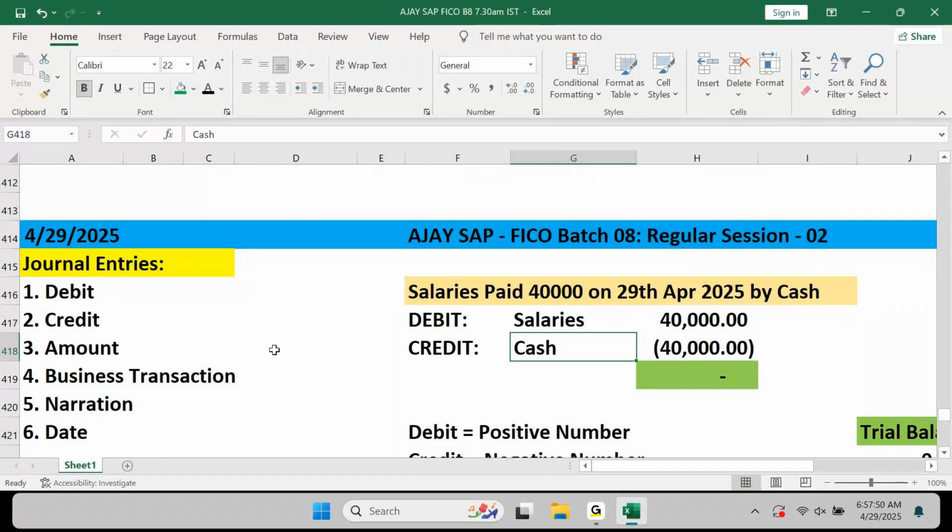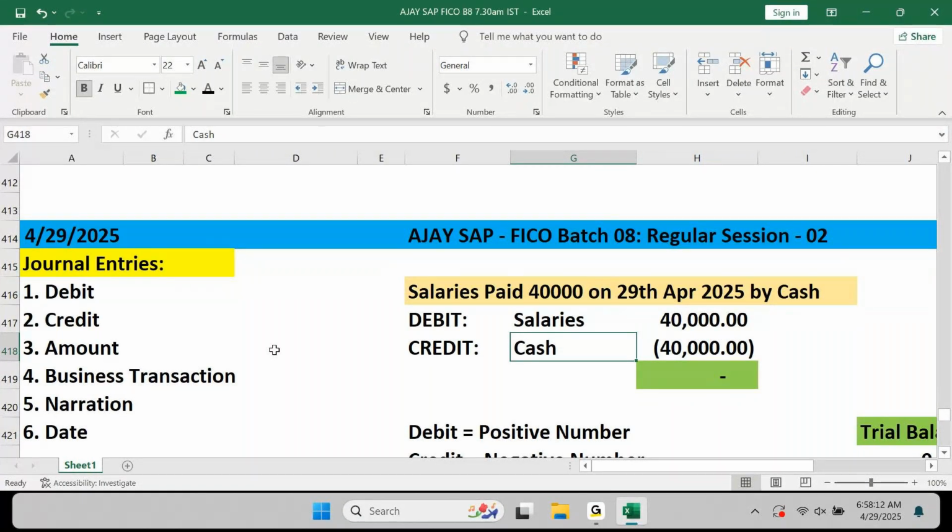Can I call salary a GL master, cash a GL master? Is that correct? Yes, sir. Whatever you're writing on the debit, whatever you're writing on the credit as a name, it is your master.